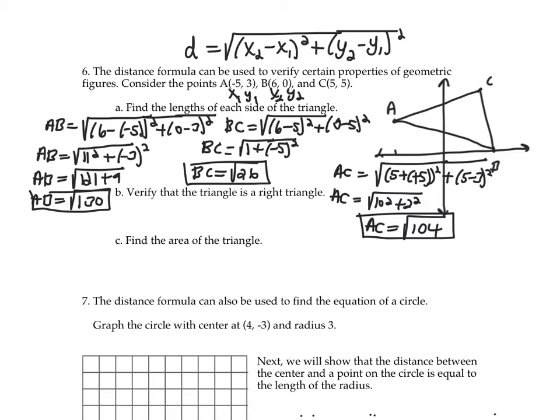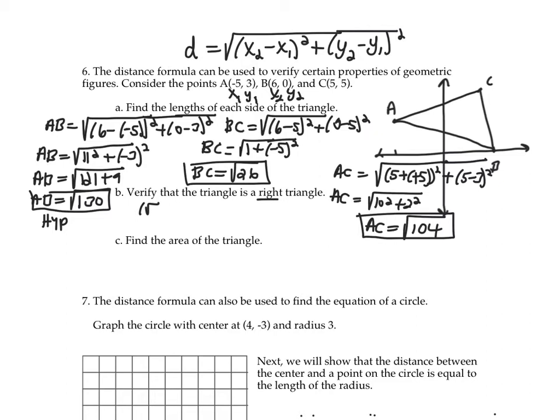So the next question says, verify that the triangle is a right triangle. Well, it will be a right triangle if the sides make the Pythagorean theorem true. So the longest side we have here is line segment AB. That's got to be our hypotenuse, so that will go in for c. So we're going to plug these values into the Pythagorean theorem and see if it works.